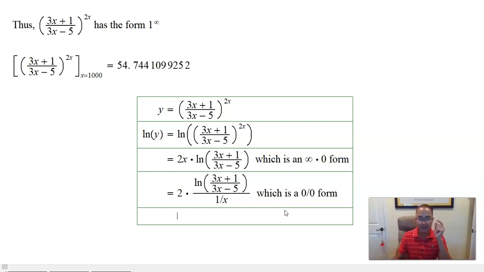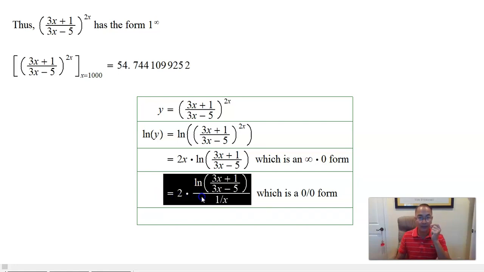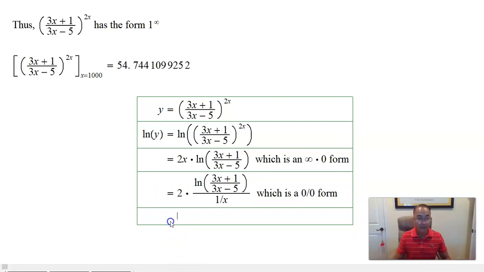However, before we do that, let me show you a little trick. We already know that the numerator has limit 0. That's not going to change if we apply one of the properties of logarithms, which I hope you recognize. It's just the quotient rule for logarithms.